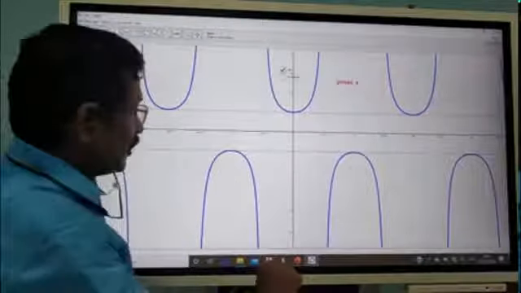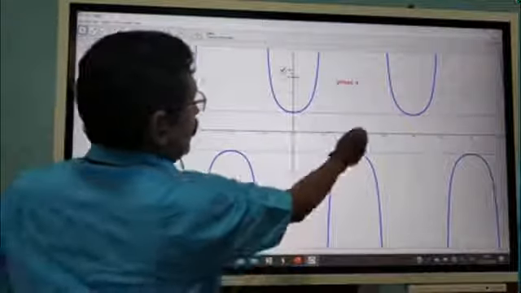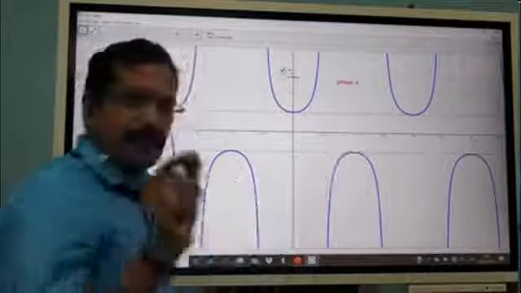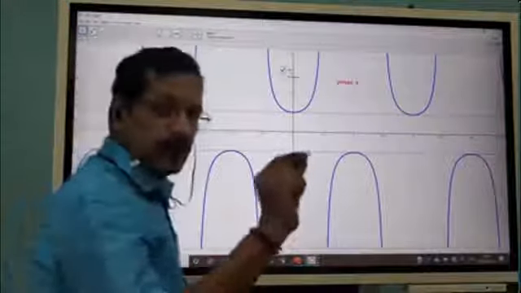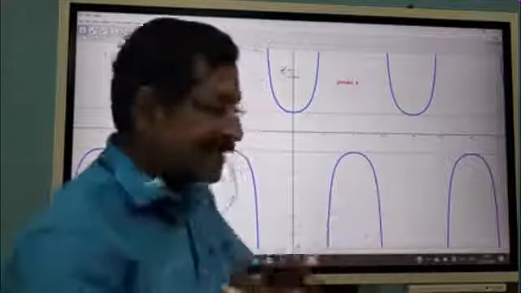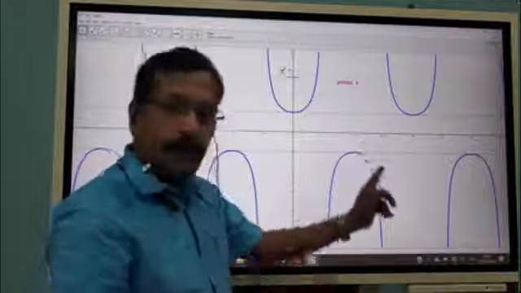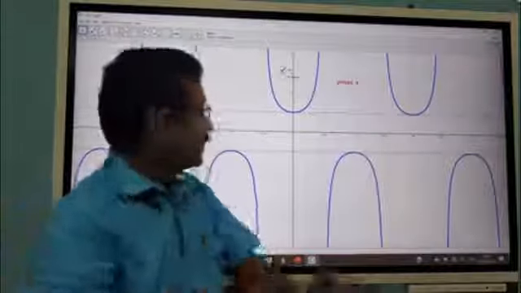We are going to restrict the domain in such a way that, taking 0 to pi, the point pi by 2 is excluded. So I am restricting the domain to the closed interval [0, pi] minus the singleton set {pi by 2}.